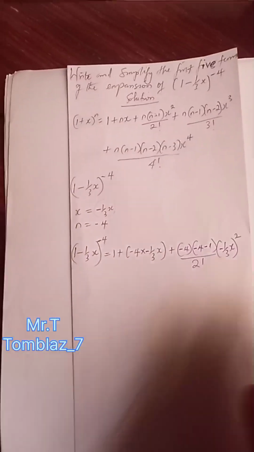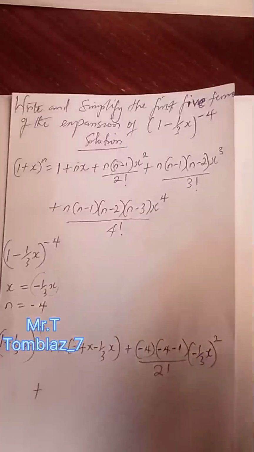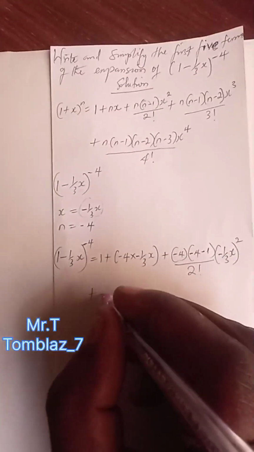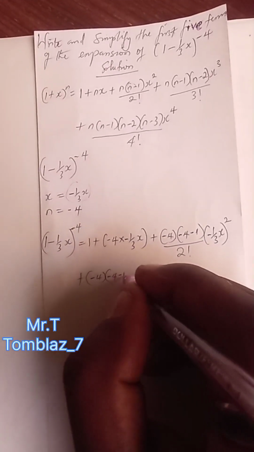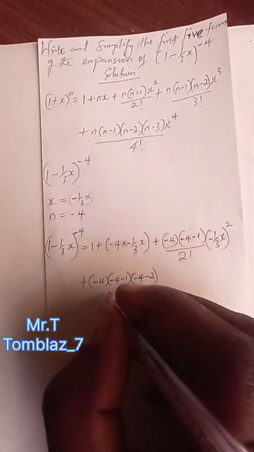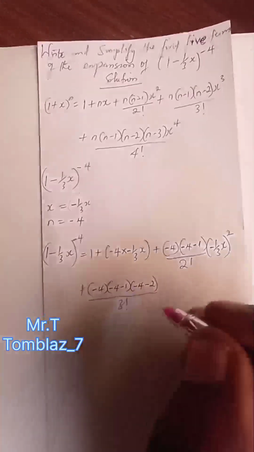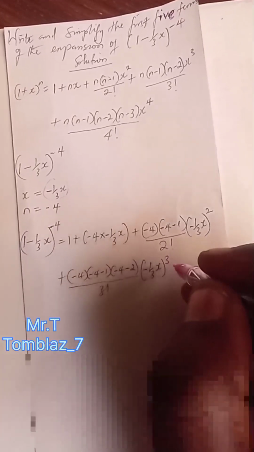Then we continue with plus. At this portion, we now have minus 4 again into minus 4 minus 1 into minus 4 minus 2 all over 3 factorial, and our x is still this value, minus 1 over 3x, raised to the power of 3.